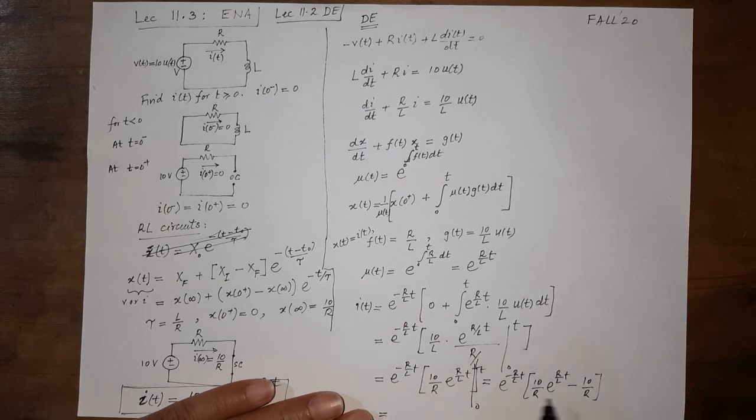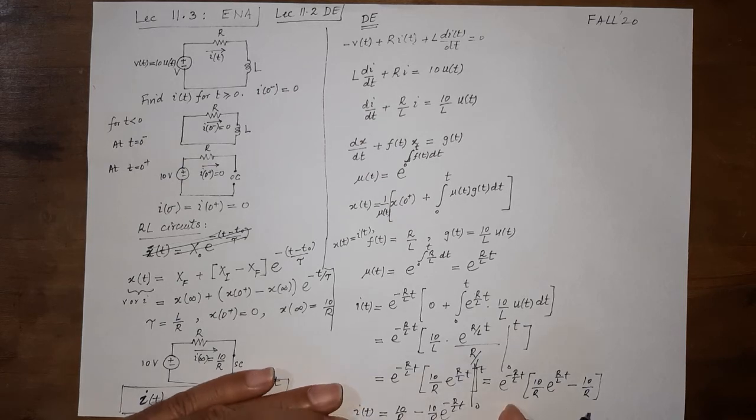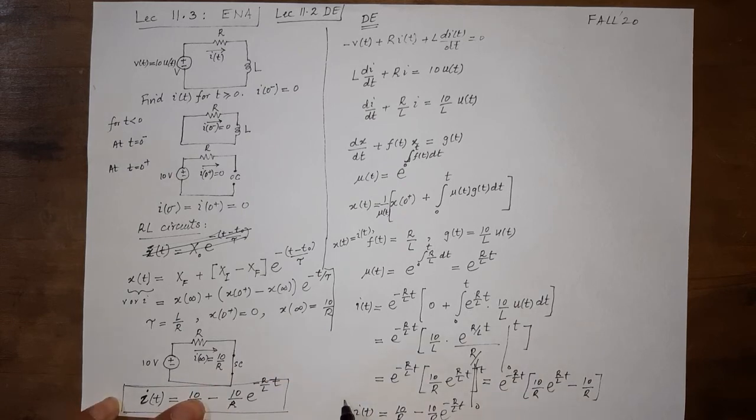So now we multiply, so this term will become 1. We are going to get 10 over r minus 10 over r e raised to the power minus r over L t. This is exactly the same expression that we have found by the shortcut or putting values in the solution.